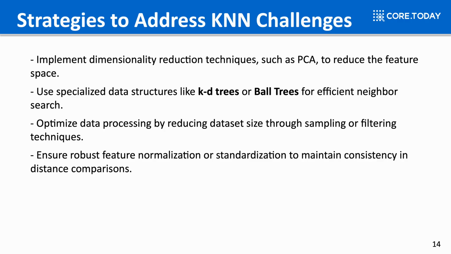Most importantly, scaling features correctly using standardization or normalization is a non-negotiable requirement for ensuring meaningful distance computations. Finally, consider sampling or stratified reduction methods for very large datasets to make computation feasible without sacrificing model quality.